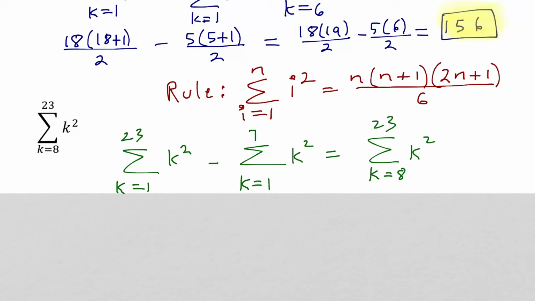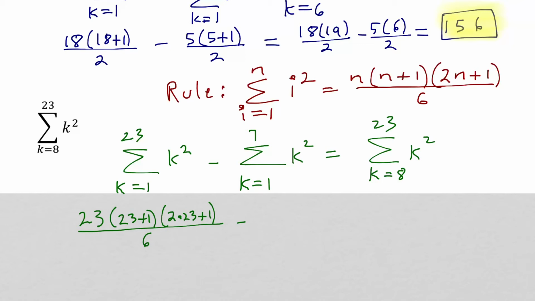All right, so I can use my rule to figure this out. For this first one here, n is 23 in all 3 of these locations. So I've got 23 times 23 plus 1 times 2 times 23 plus 1 divided by 6, minus this one here, where n is 7.